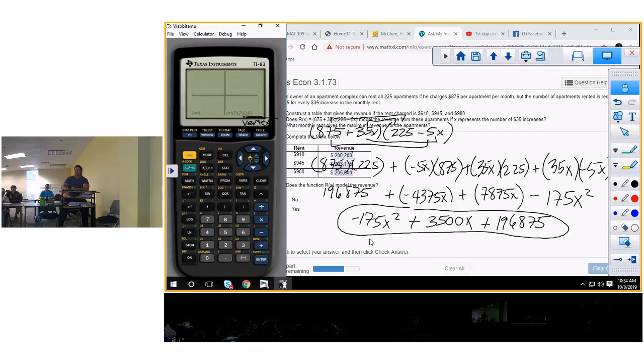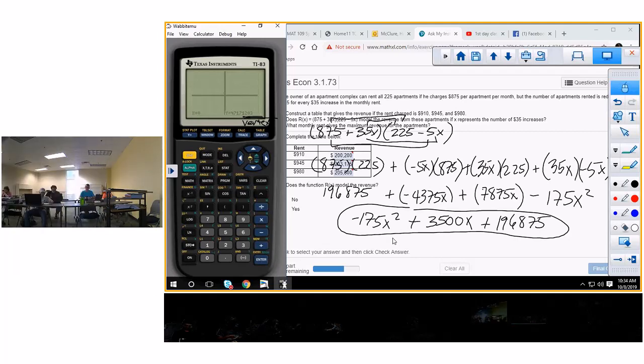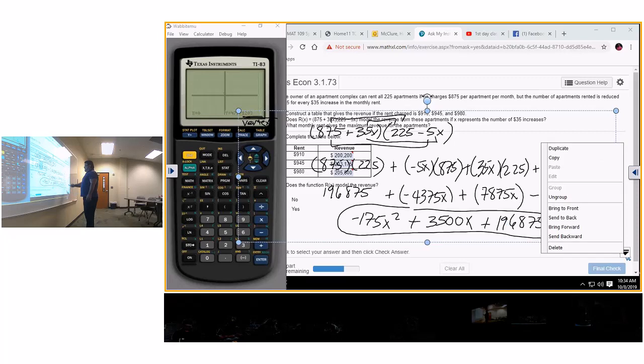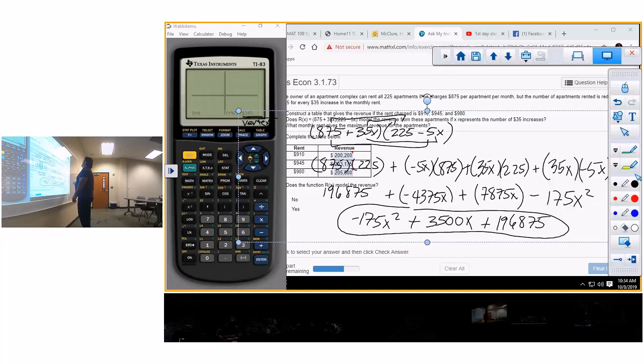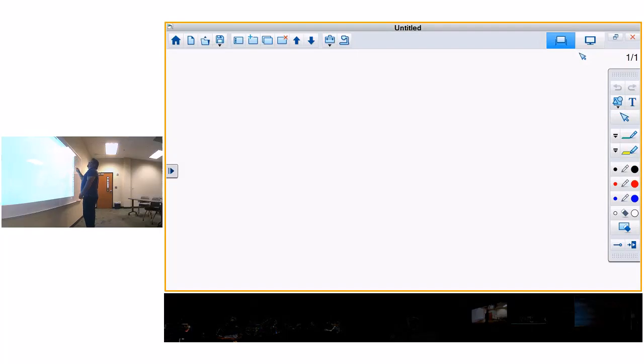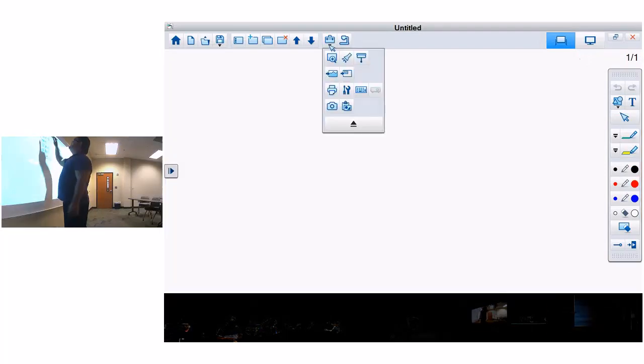So let's go ahead and do completing the square so we can find the vertex. Let me see if I can copy this. Copy, go to the whiteboard. Paste.